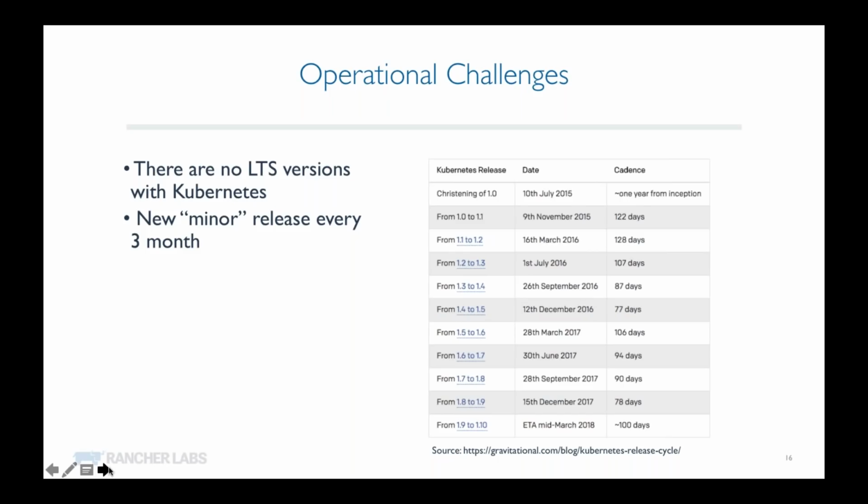So it's not that in 100 days you're getting just some minor patching. These are new beta features, new alpha features, for all different sorts of resources within Kubernetes.